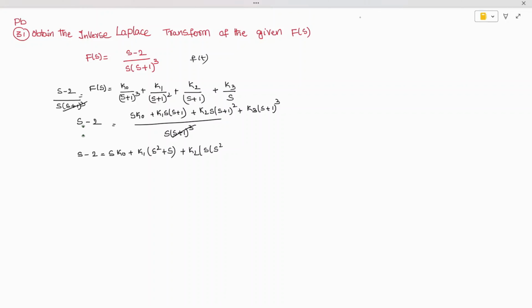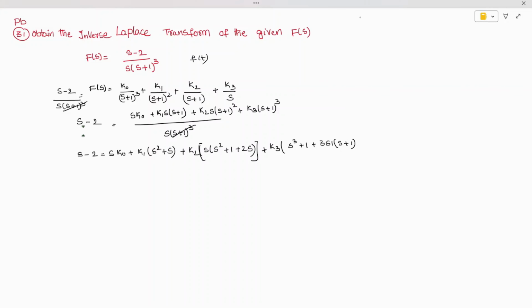You can write it as s into (s square plus 1 plus 2s) is the one term, plus k3 into (a plus b) whole cube. You can write down s cube plus 1 plus 3ab into (a plus b).